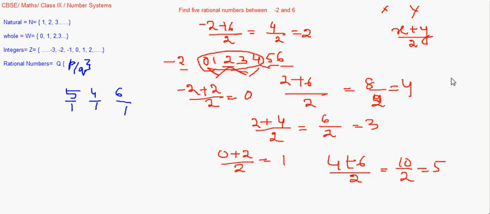In that case, it becomes quite difficult using this method. I'll take up one question which has fractions, like -2 by 3 and 1 by 4. If I'm asked to find one rational number between -2 by 3 and 1 by 4, then it's okay to apply the method I did in the last question.